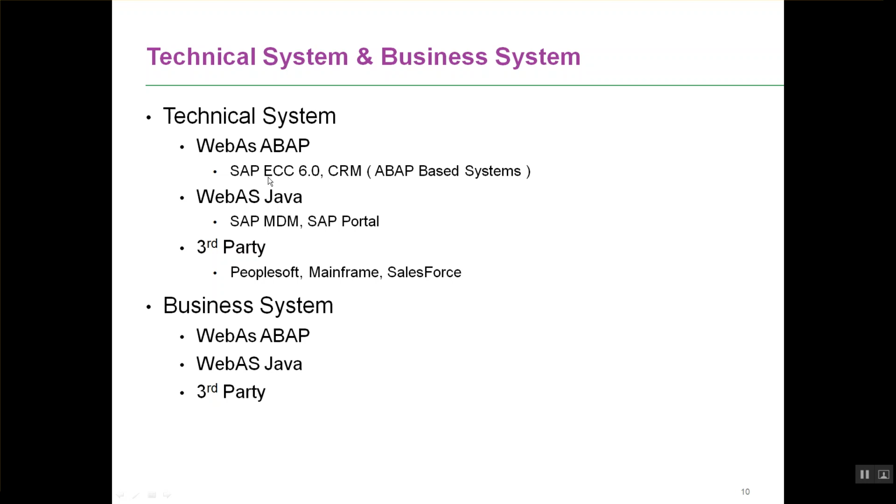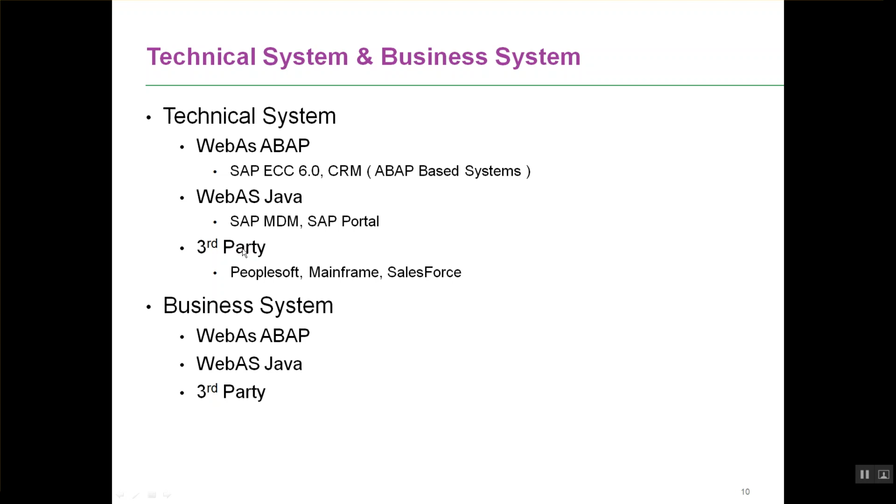So what is a web-based ABAP system, right? An SAP ECC 6.0 server, which runs on a web application server ABAP, or which is an ABAP-based system from SAP, is called a web-based ABAP technical system. A master data management system, an MDM system, your Enterprise Portal, your Java portals that are there from SAP, is nothing but a web-based Java system.